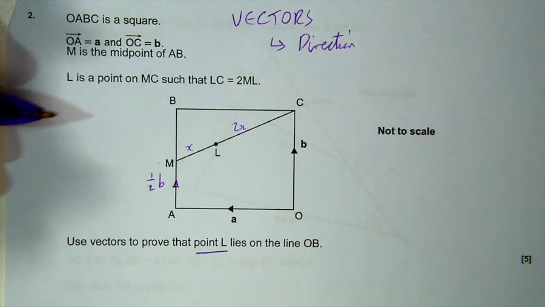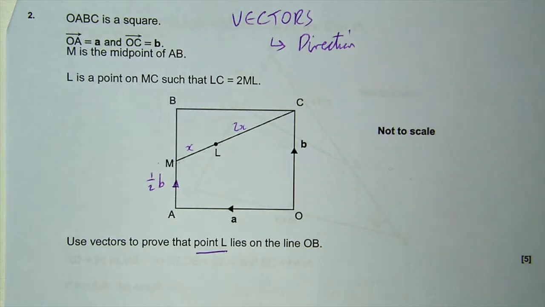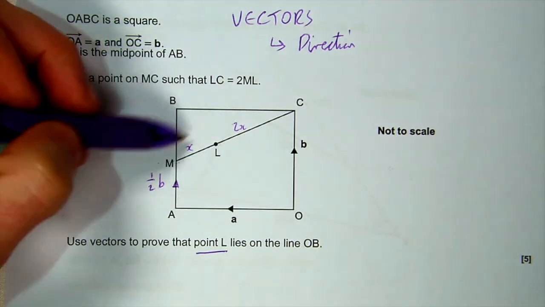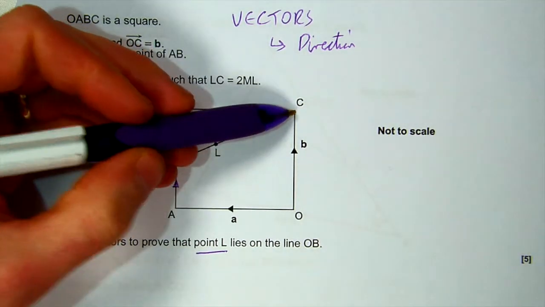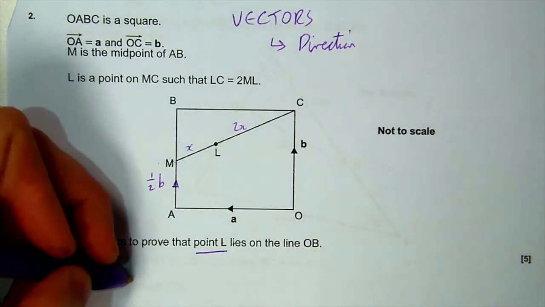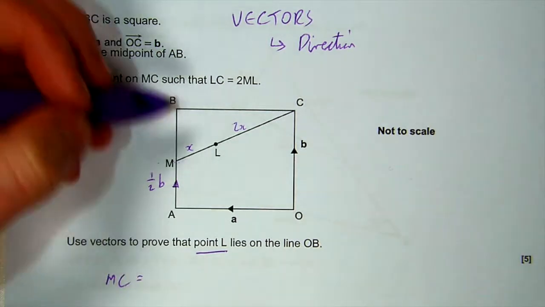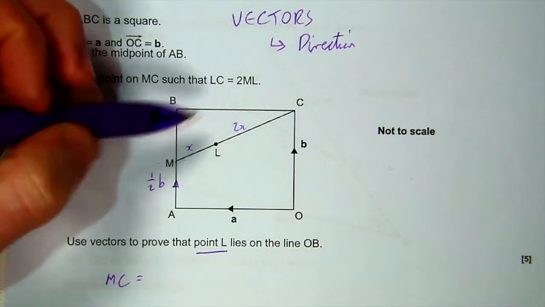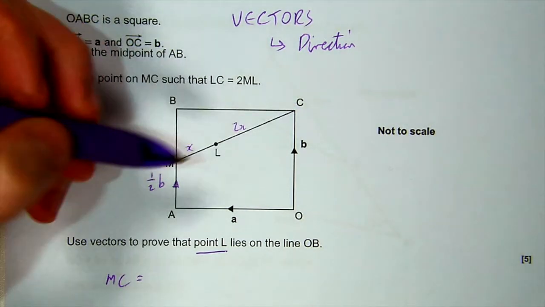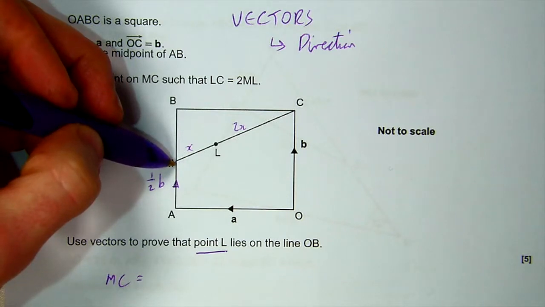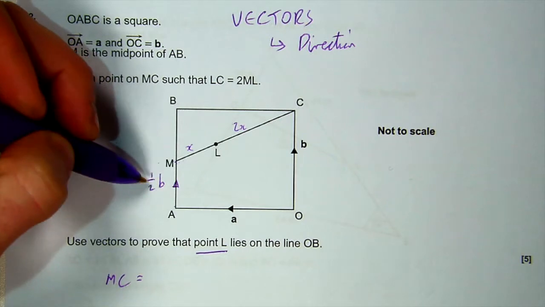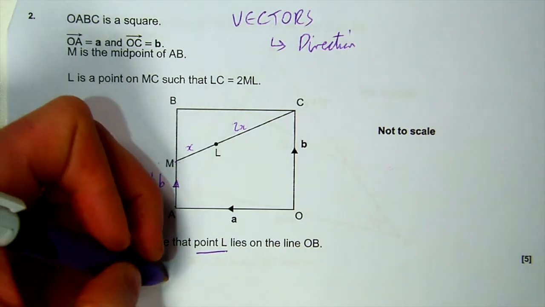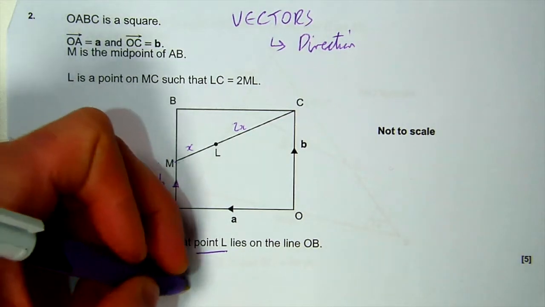Now I want to work out what MC is. So first of all, how can I get from M to C? I'm starting at M and I want to get to C. Well, first of all, I'm going in this direction to A. That would be the opposite of positive half b, so that's going to be minus half b.